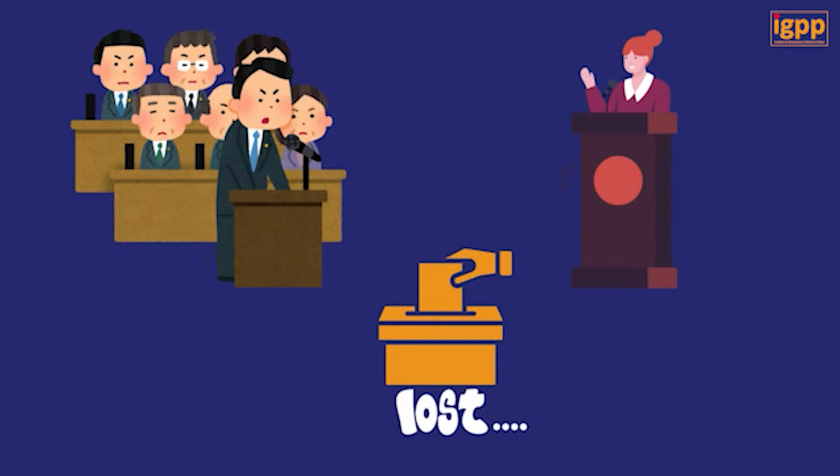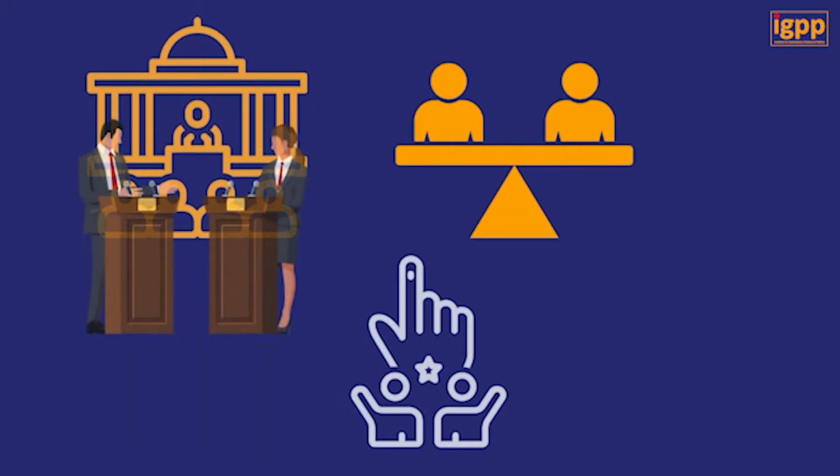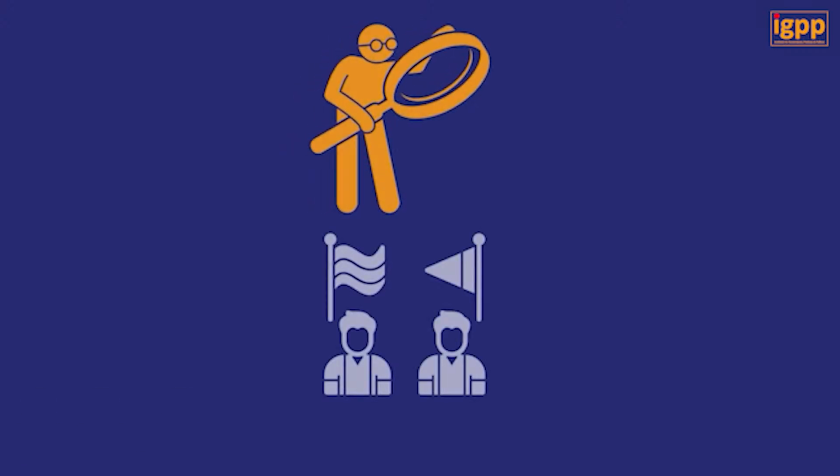One of the key benefits of the two-party system is stability. With only two major parties, the political landscape remains relatively predictable, providing voters with a sense of stability in their choices. Simplicity is another advantage.